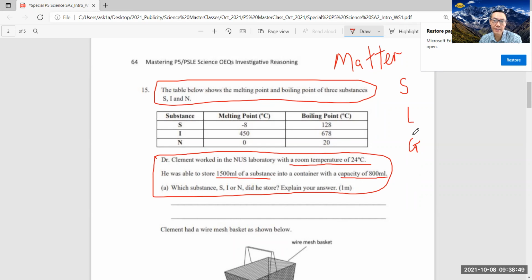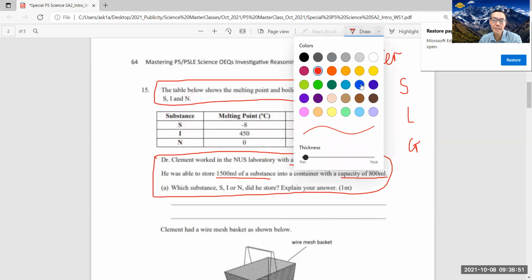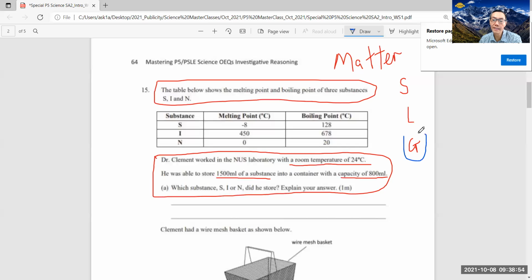So when you do that, out of these three, only gas qualifies. Why? Because gas does not have a definite volume and can be compressed.